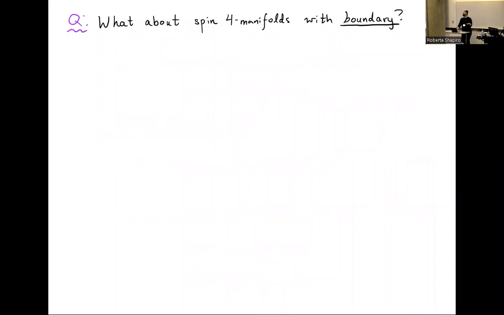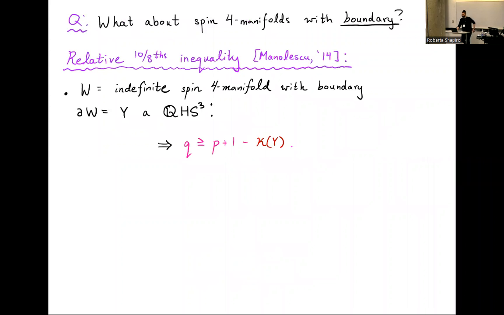So what about spin-4 manifolds with boundary? We have the following theorem by Manolescu from 2014, which says that if W is an indefinite spin-4 manifold with boundary a rational homology 3-sphere Y, then Q is greater than or equal to P plus 1 minus this correction term kappa of Y, depending on the 3-manifold at the boundary.